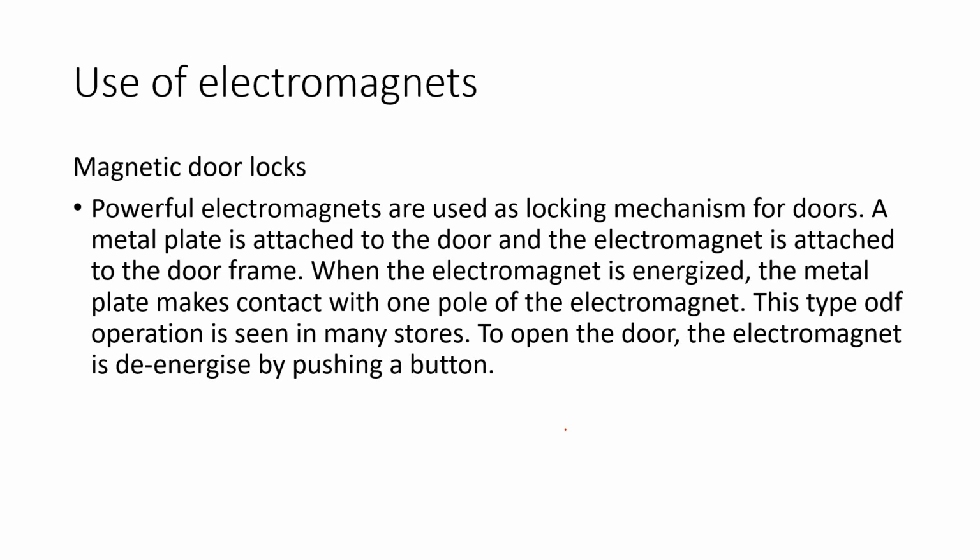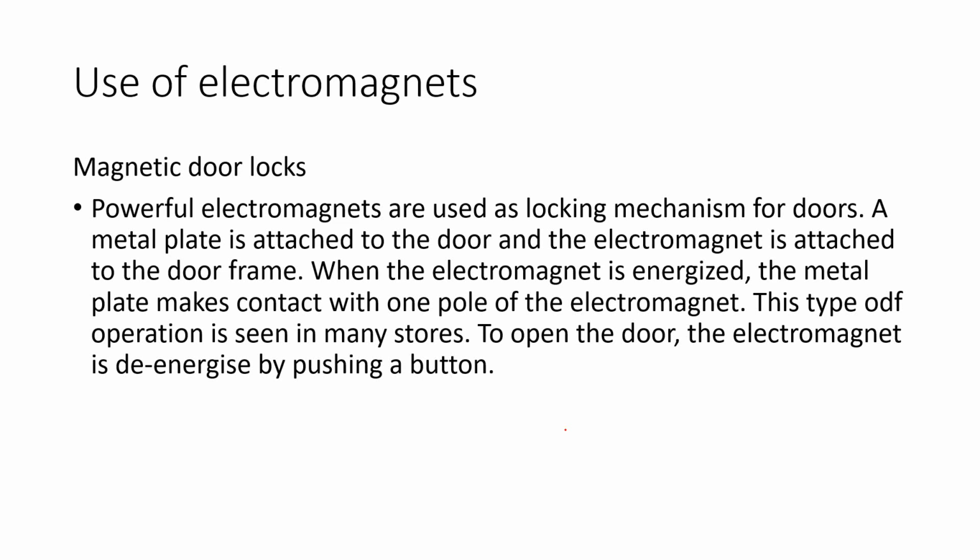To open it, you press a button to de-energize the electromagnet, which is just cutting the circuit, meaning you're taking away current flowing to the electromagnet to allow it to become demagnetized.